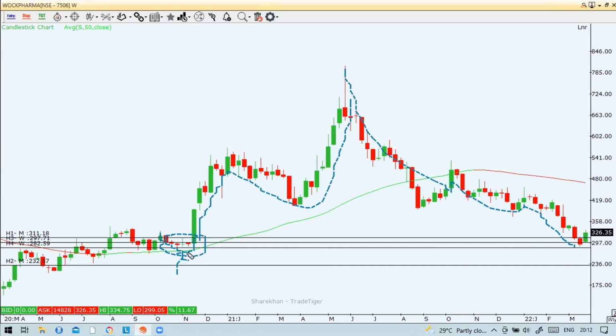Now, why only this one, not this one? We will learn in great detail. Probably we will also look at the sector of Wockhardt Pharma, how that sector is performing. So technical analysis is not just about one single candle.